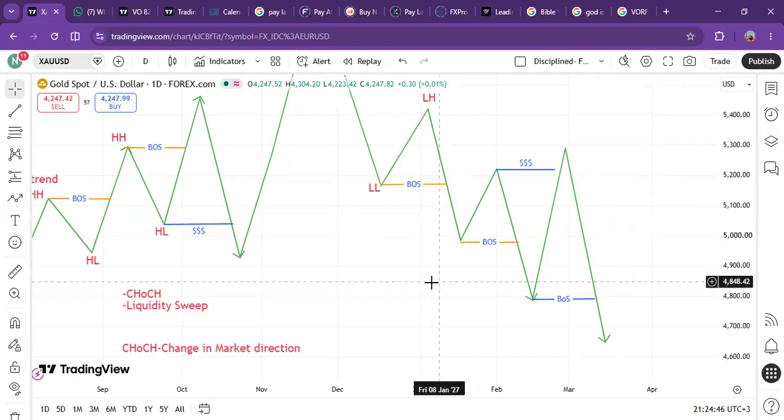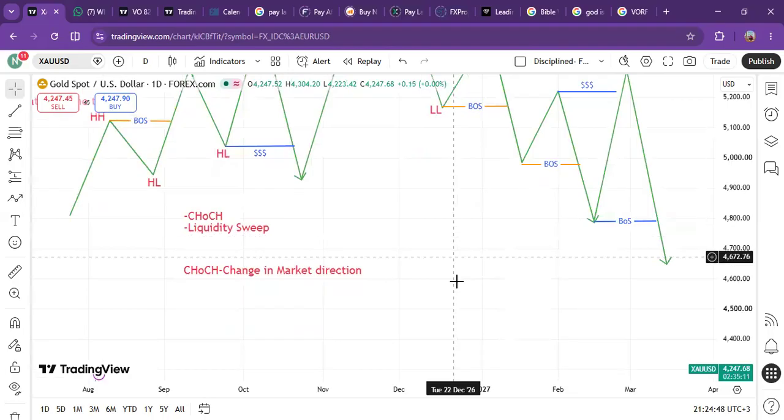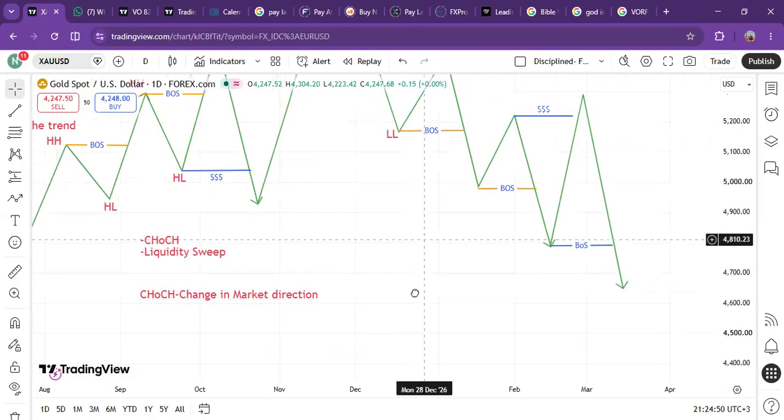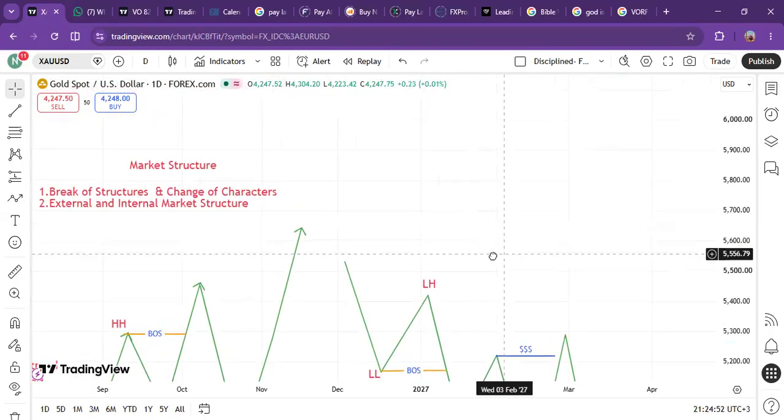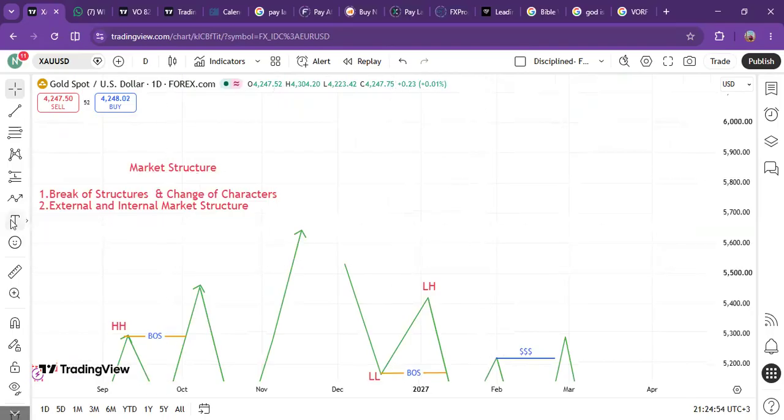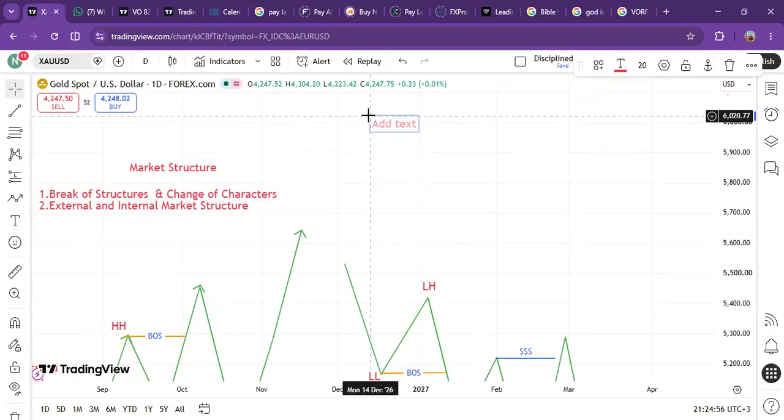Okay, and so that now brings me to my points. So how do you mark valid break of structures? The first thing that you need to know, so the criteria or considerations for valid break of structures. So we have 4 points.